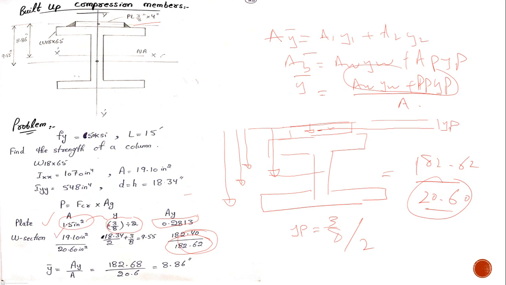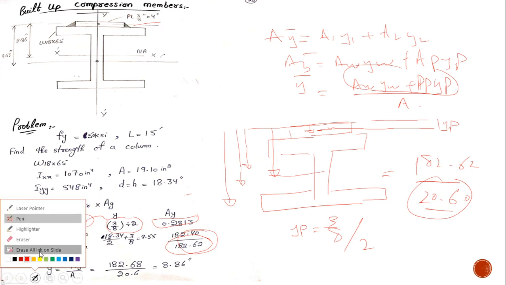It has been tabulated. AY for plate has come out. It's very easy. I don't know why I have to make you understand each and every bit, but let me. Okay, area of W and Y of W, and area of plate and Y of plate.